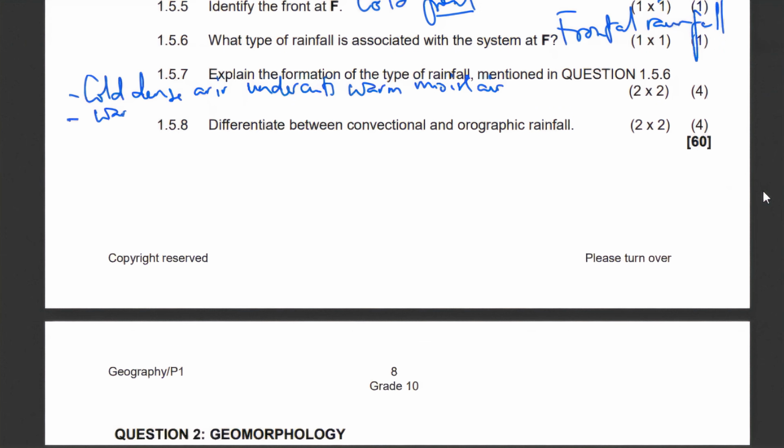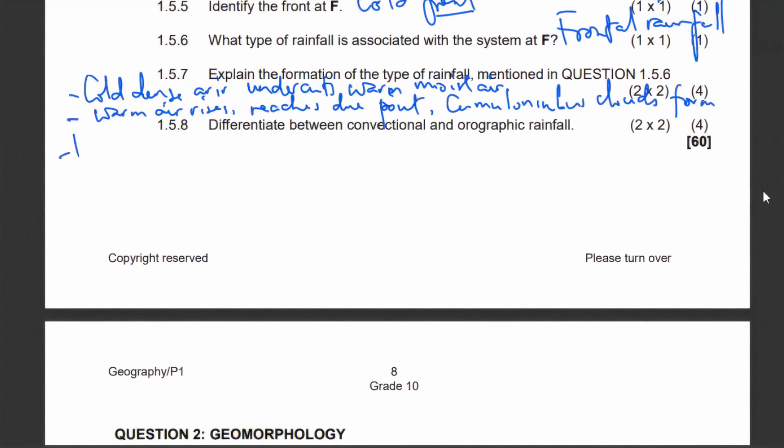Warm air rises, reaches dew point, cumulonimbus clouds form, which will result in heavy rainfall.